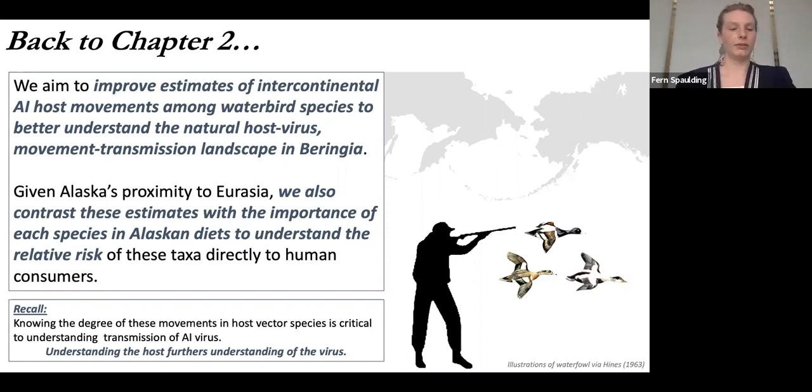And recall that knowing the degree of these movements in host vector species is critical to understanding the transmission of avian influenza viruses. So in this study, we are interested in looking at host movements, which can further the understanding of the movements of avian influenza viruses.